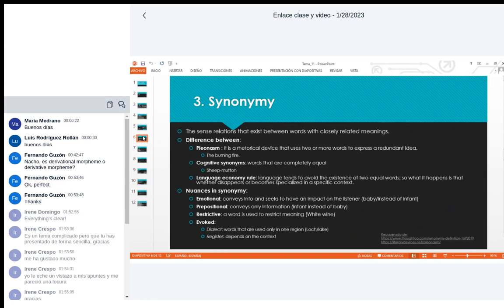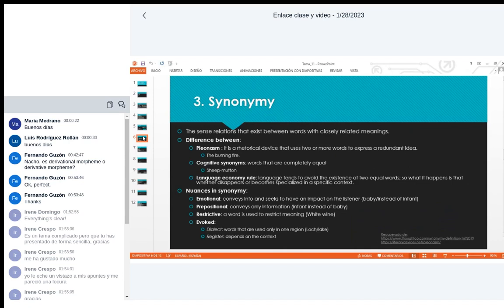is different, from the language they come from. Now, that's why in linguistics we have this process called the language economy rule.